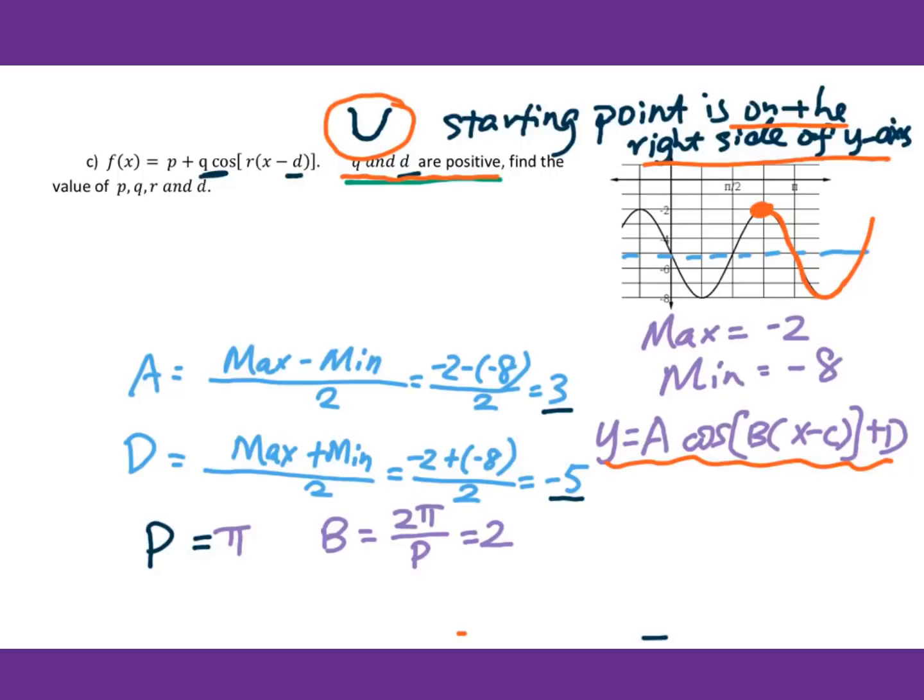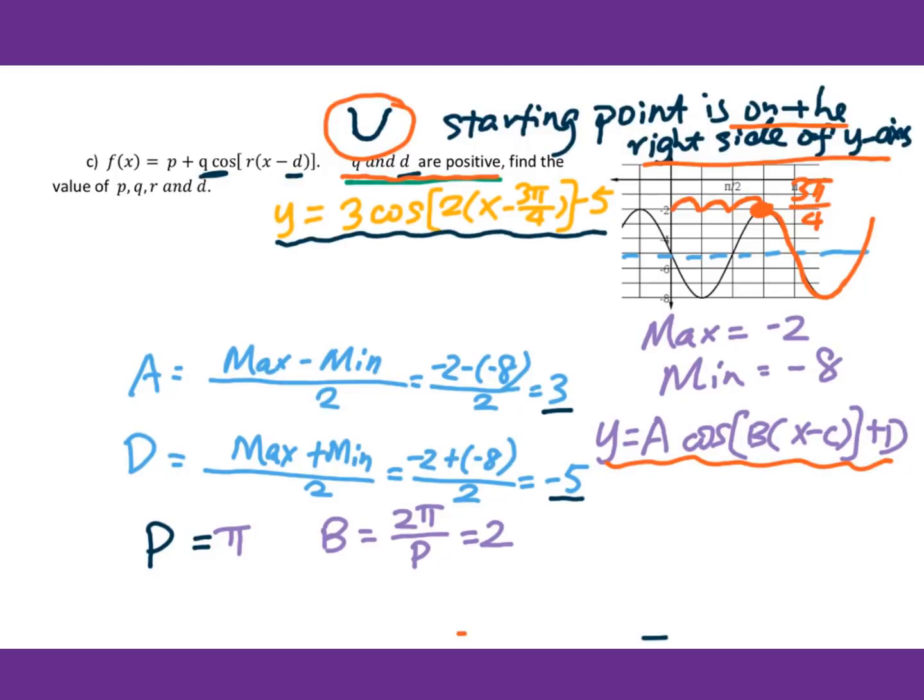For this, we know that it's 3 pi over 4 because you will get 3 times pi over 4. So we can write down our trig function like this, compare to this one. We know P equals negative 5, Q equals 3, R equals 2, and D equals 3 pi over 4.